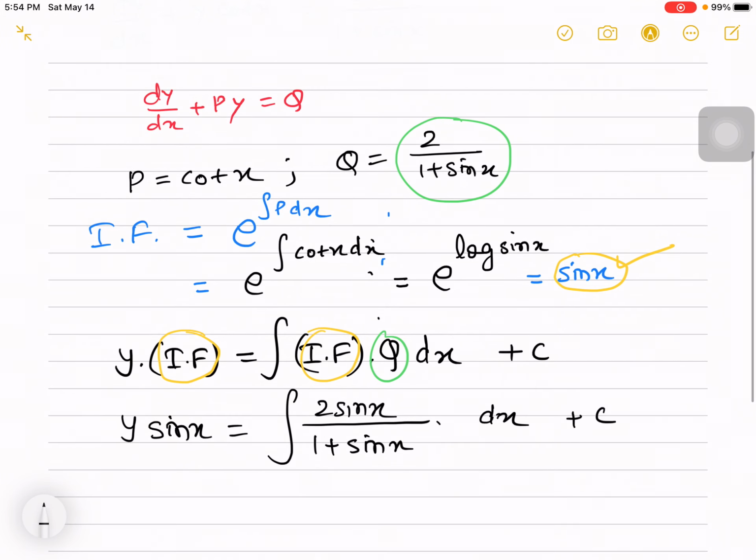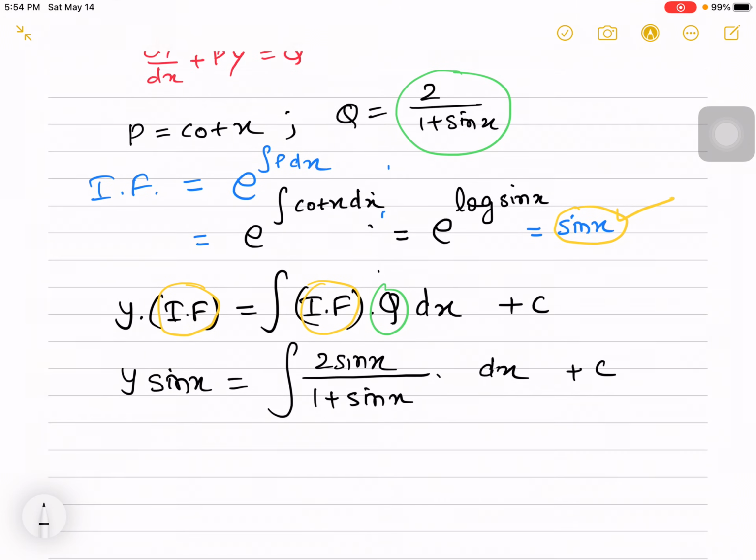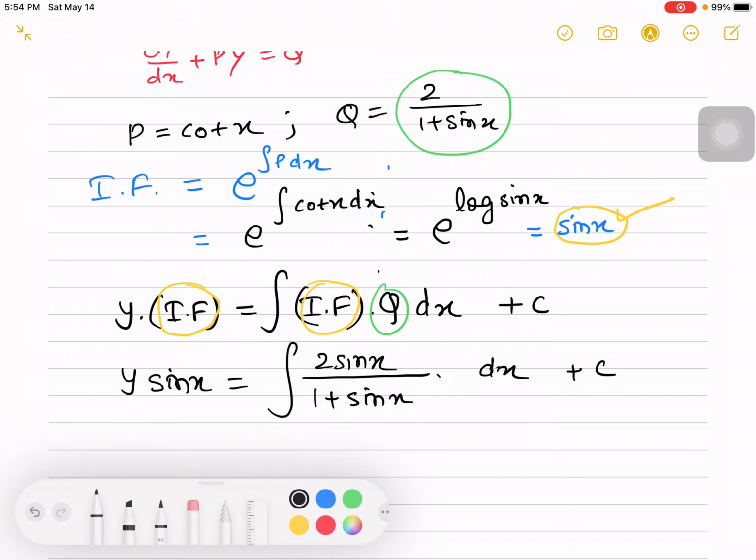Whenever we get 1 plus sin x, 1 minus cos x, 1 plus cos x, or 1 minus sin x in the denominator or numerator, we have to use the rationalization form of 10th class theory.